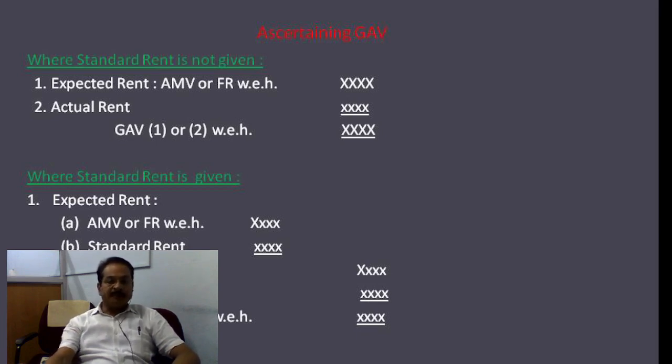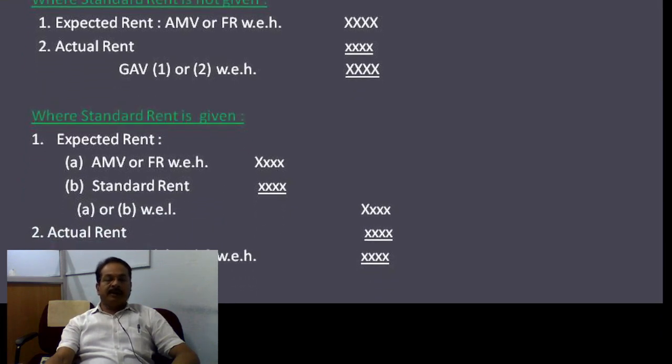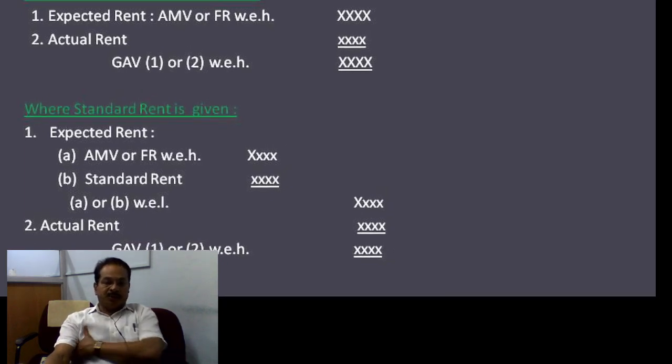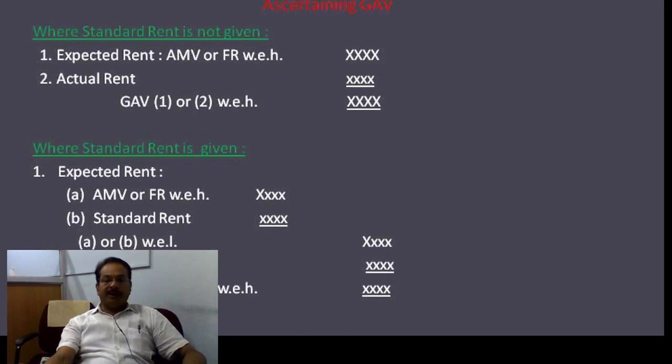Where standard rent is given, first again we have to take the expected rent. Here expected rent is to be divided into two: A and B. A, annual value or fair rent, whichever is higher.